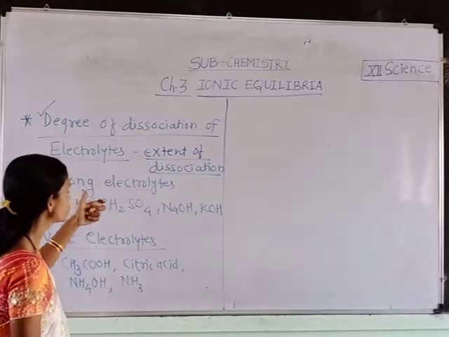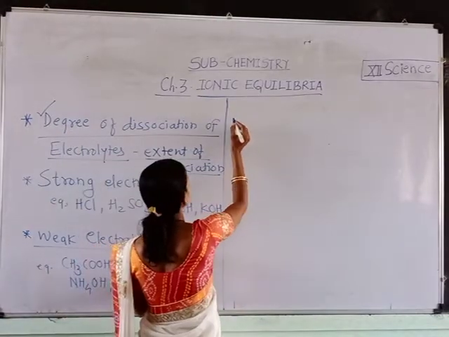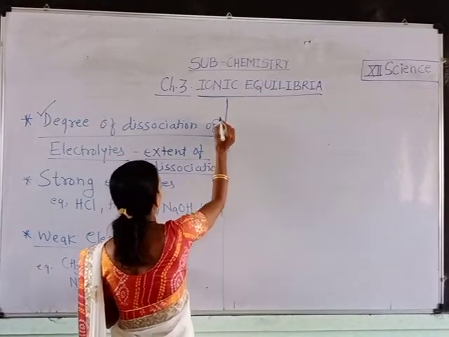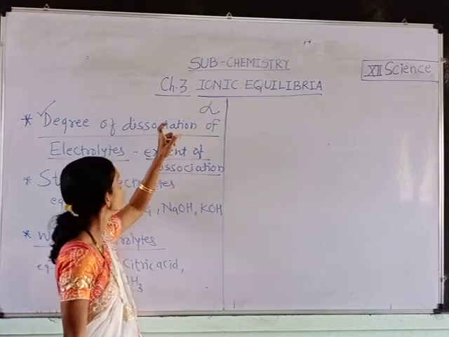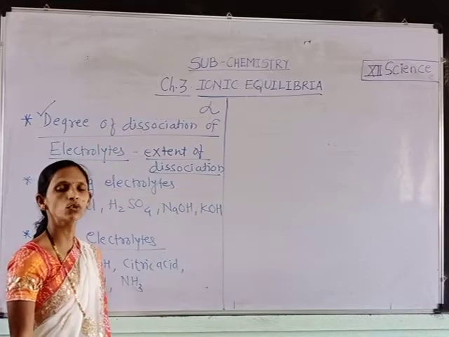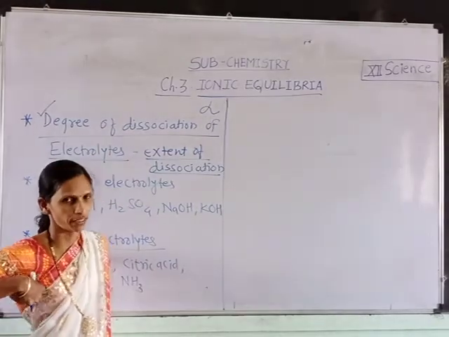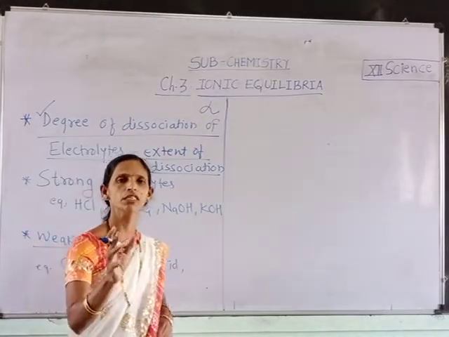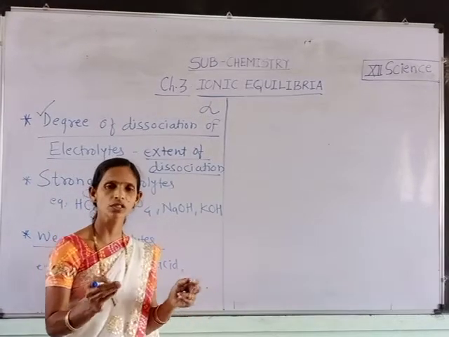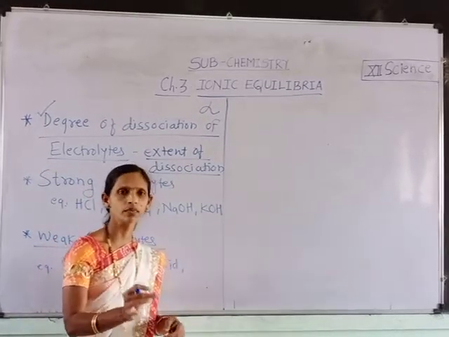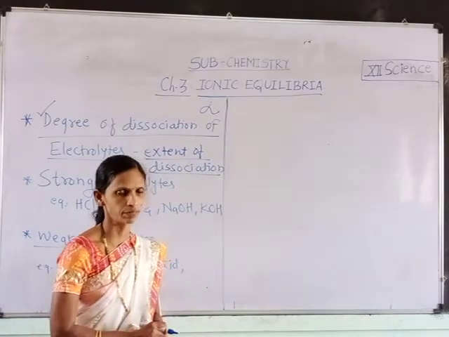The degree of dissociation is denoted by alpha. The sign alpha is used for the degree of dissociation of a weak electrolyte. Degree of dissociation is nothing but the extent of dissociation of that particular electrolyte.